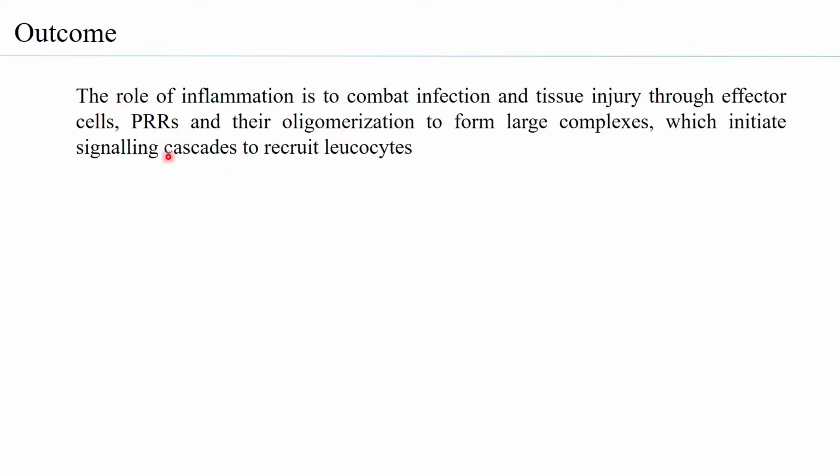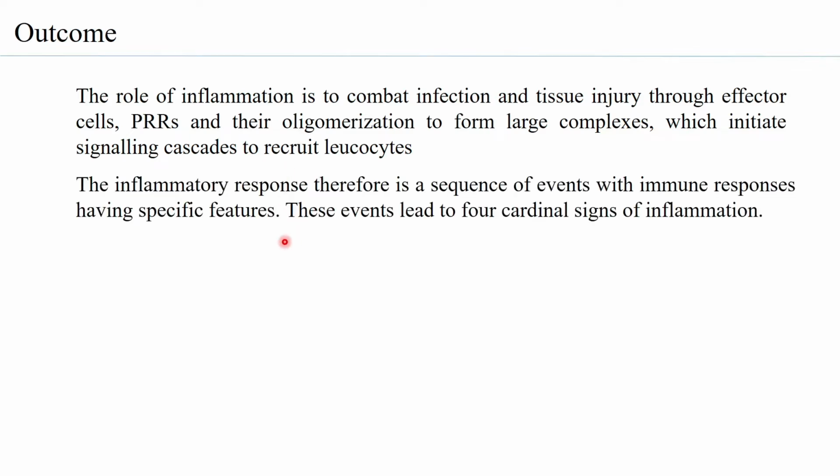So many pathogen recognition receptors or pattern recognition receptors come together to form large complexes, and on forming large complexes they are able to initiate a signaling cascade that can enable bringing a lot of leukocytes to a particular region, thereby getting a heightened response. The inflammatory response thereof is a sequence of events with immune responses having very specific features.